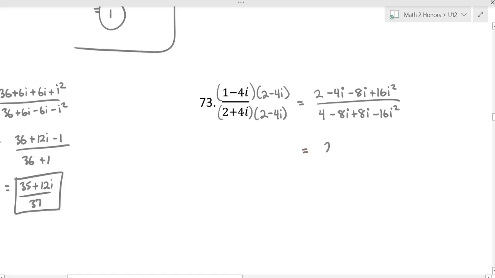Simplify that, we get 2 minus 12i minus 16 over 4 plus 16, which is going to be negative 14 minus 12i over 20. We can reduce that. We can divide everything by 2 and get negative 7 minus 6i all over 10.